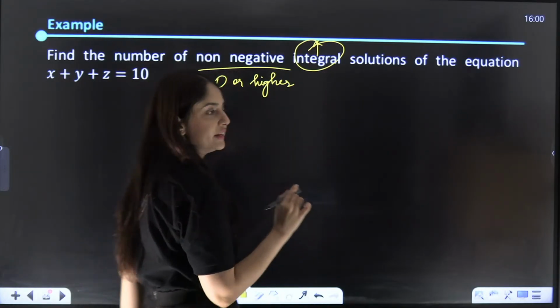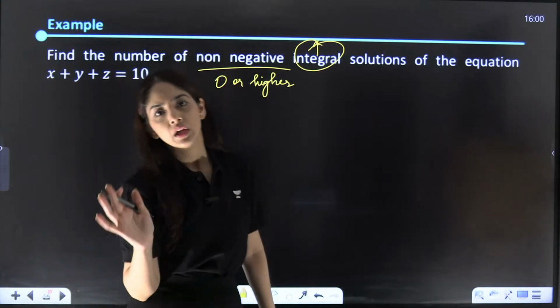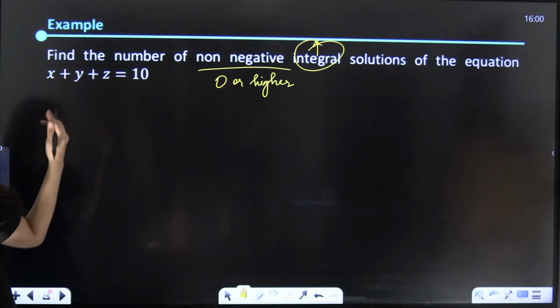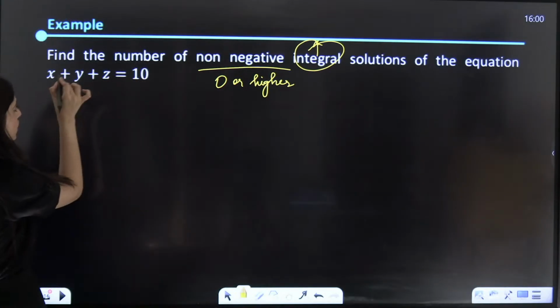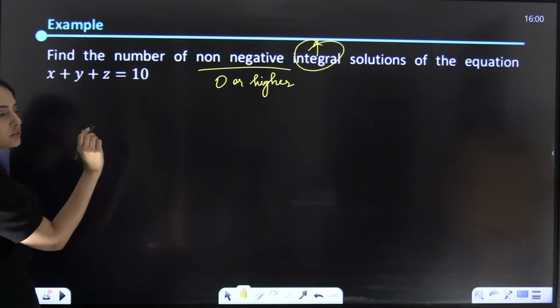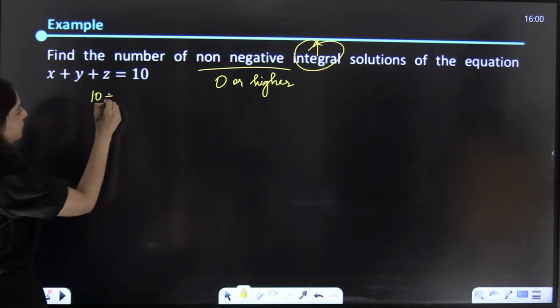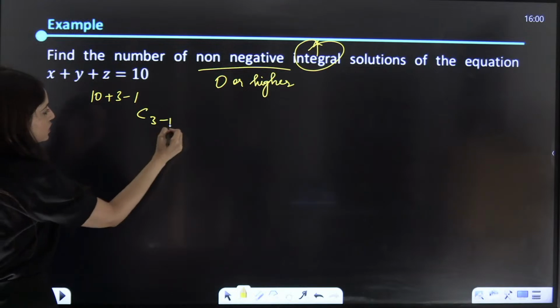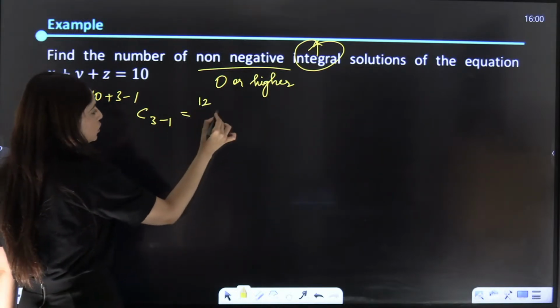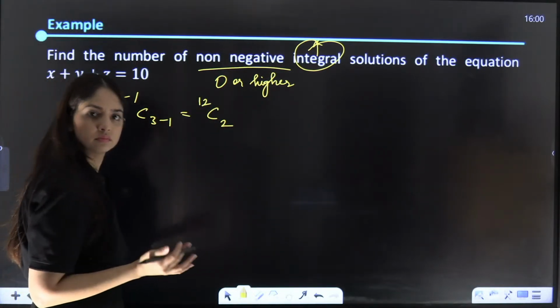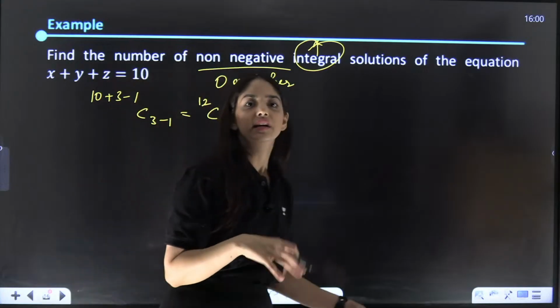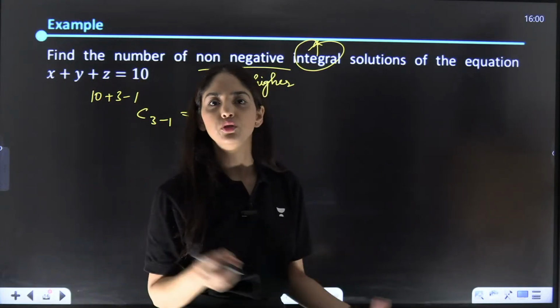Okay, so that means 0 or a natural number. So that is what the formula was for. 0 to 10, 0 to 10, 0 to 10. So we can directly apply the formula. 10 plus 3 minus 1, C3 minus 1, that is 12C2. Exactly the same problem as distributing 10 mangoes into 3 students.